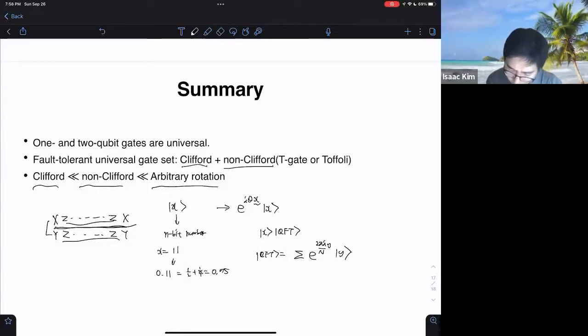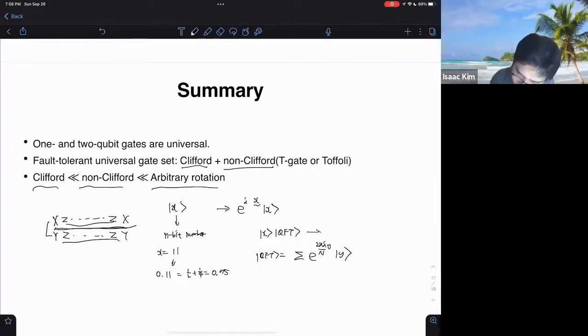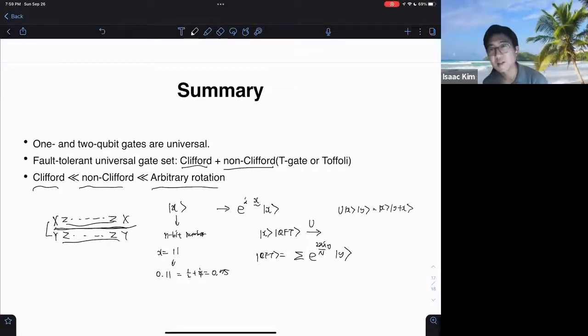I forgot the details, but let's say there's no theta, then it's simpler. Then what do you do? You apply a unitary U such that U|x,y> equals |x, y plus x>.